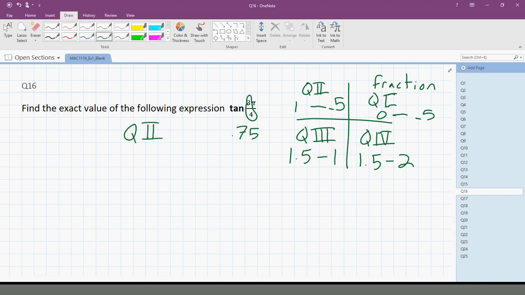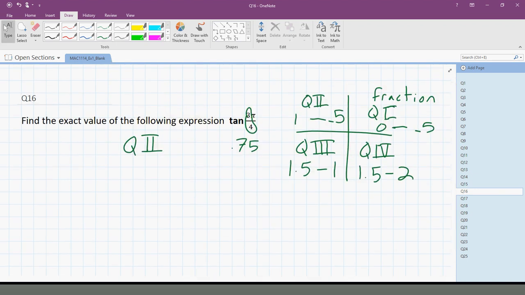Follow me on that? So that means in order to find this reference angle, remember I gave you this chart in class that if you're in quadrant 1, that is the reference angle.